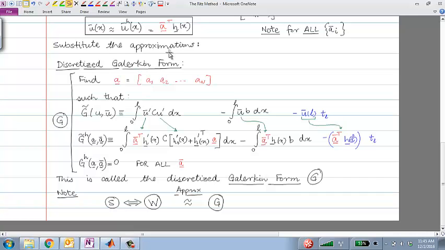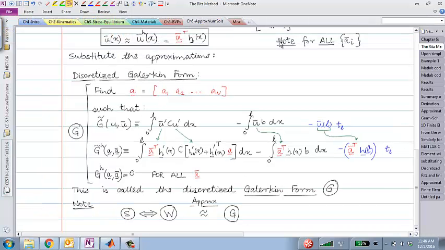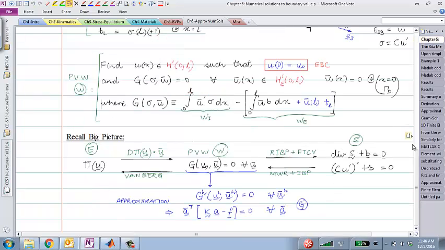And maybe on the previous page, at the bottom, you may see here we are taking the principle of virtual work form of the weak form. We are making an approximation now on G of this virtual work form, and ultimately we will want to end up with equations like this, which we know can be easily solved on a computer.